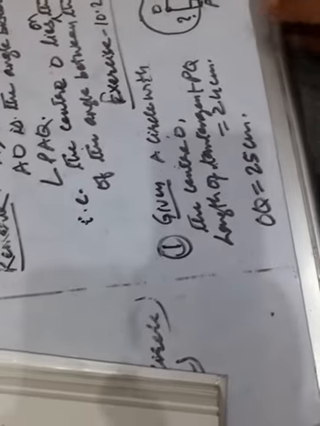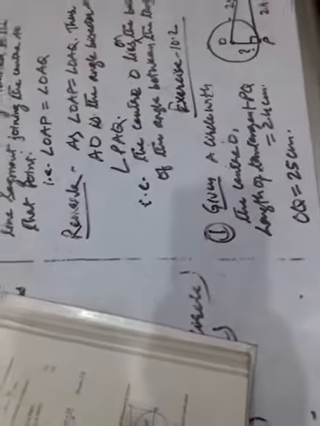Then what we have to find out? Let us see, children. We have to find out the length of the radius. Let us move to the next part of the board.